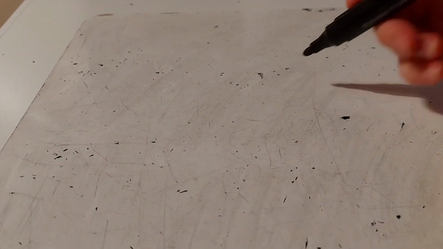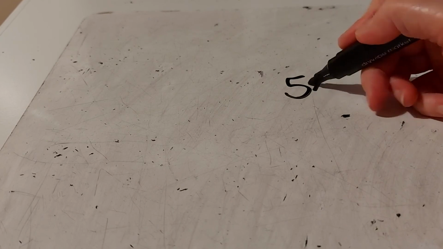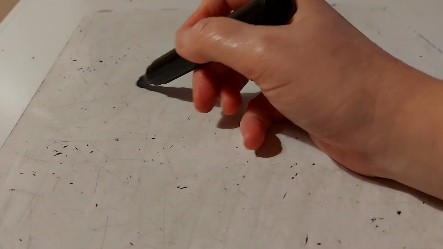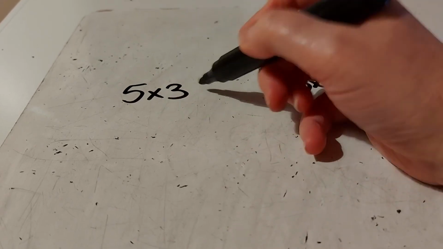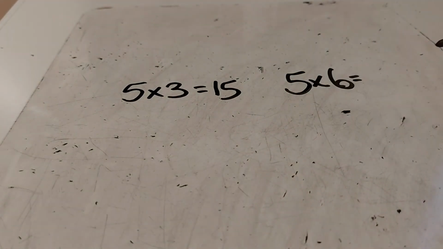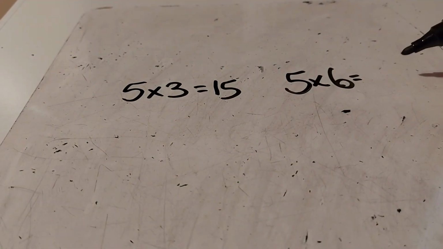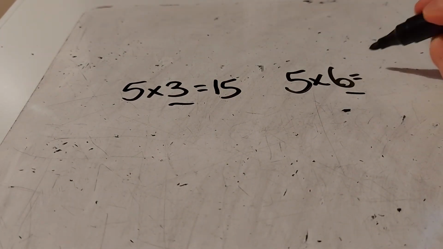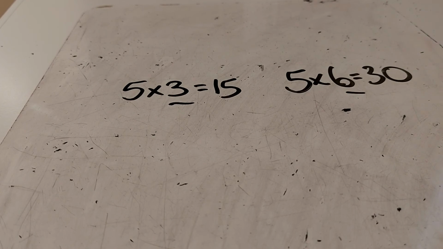If you find the 6 times table tricky, so if I randomly write 5 times 6, say if you didn't know that, you could actually do 5 times 3 first, which is 15, because that's a little bit easier to do than 5 times 6. And because 6 is double 3, you double the answer here, which makes 30.